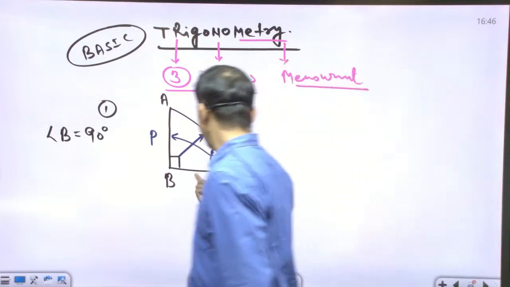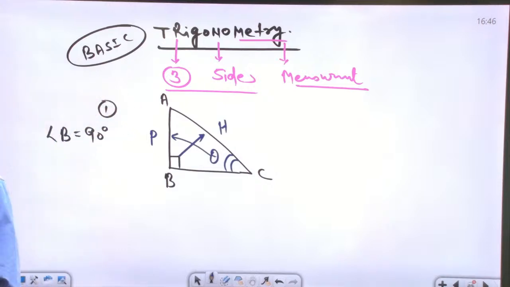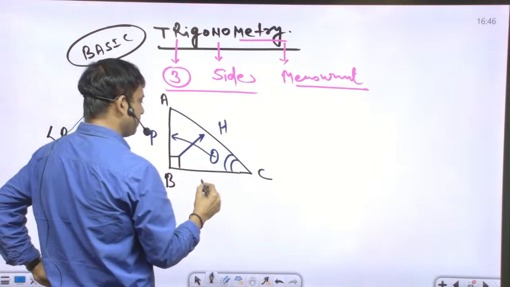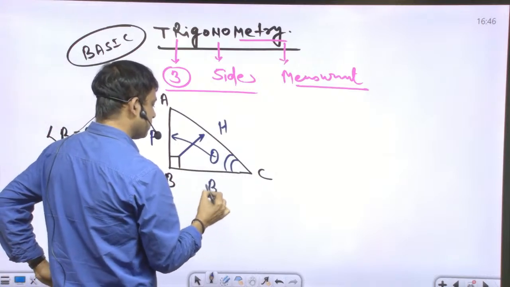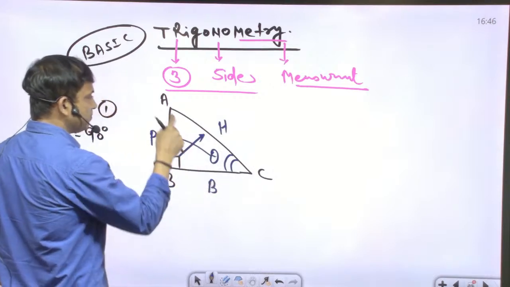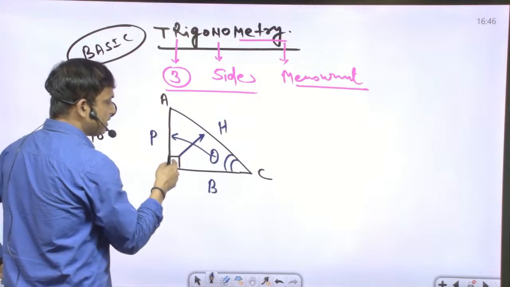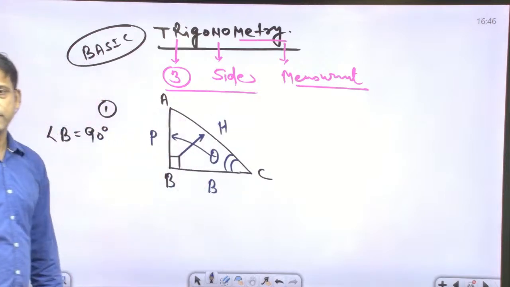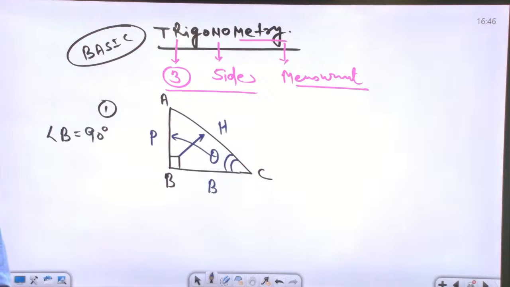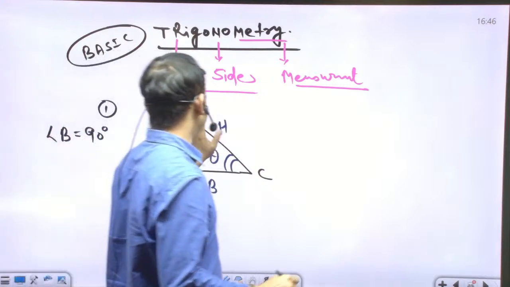Base and perpendicular depend on theta. Now the rest, the third side, will be base. B for base. So hypotenuse, perpendicular and base. If this is theta, then this will be perpendicular, this will be base, and in front of 90 will always be hypotenuse.